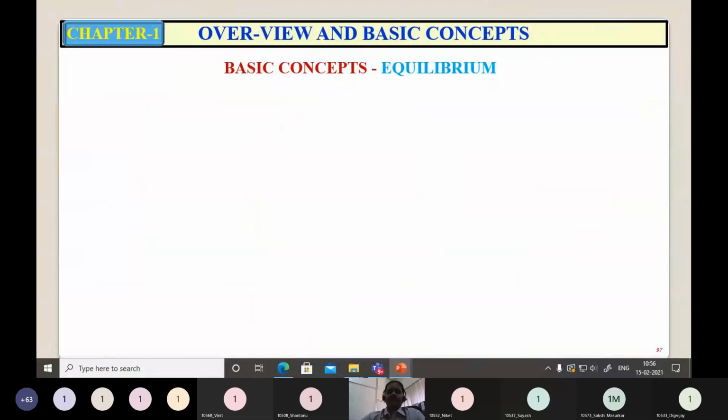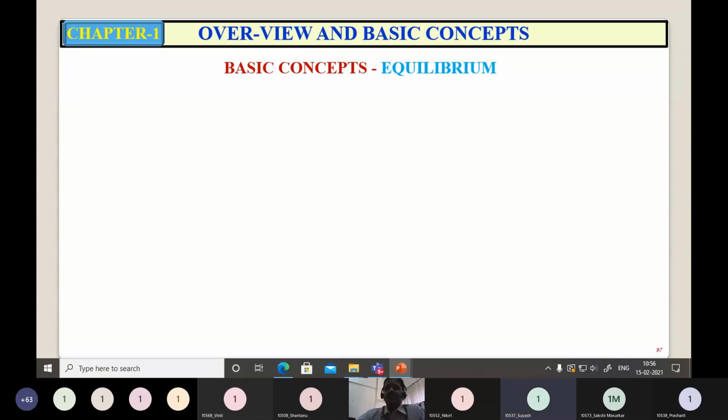Then equilibrium. Can anybody tell me what is equilibrium? Many times you might have come across this word equilibrium. So simply, what is the meaning of equilibrium? Net force is 0. And it can be net moment also.